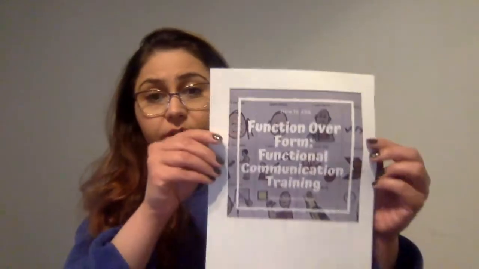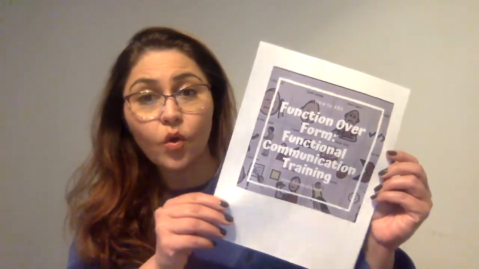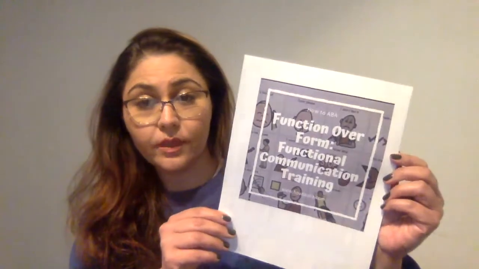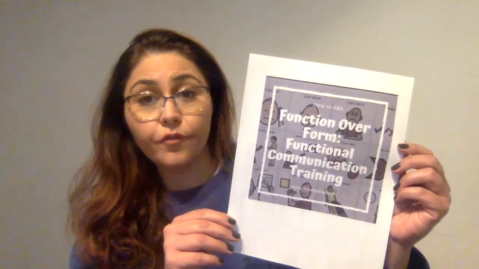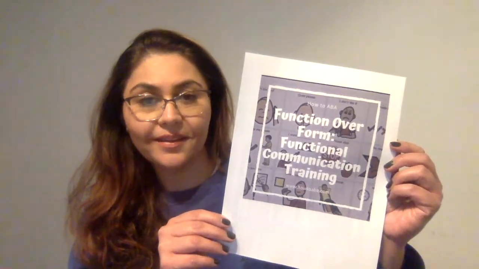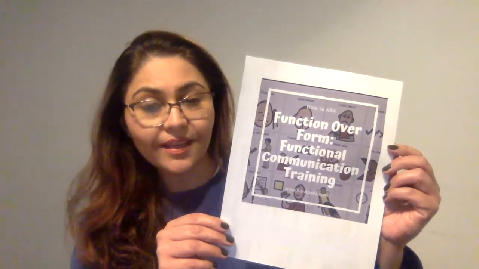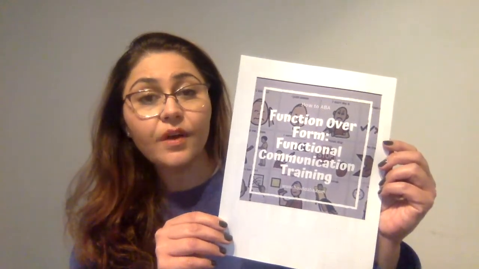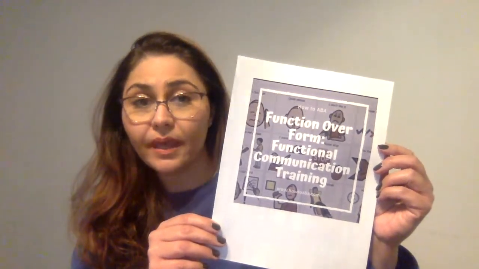In order to show you a little bit about functional communication training, the first thing that I have for you is function over form. So, what does this mean? It means that when we're doing functional communication training, we look at the function of the behavior rather than the form of the behavior.